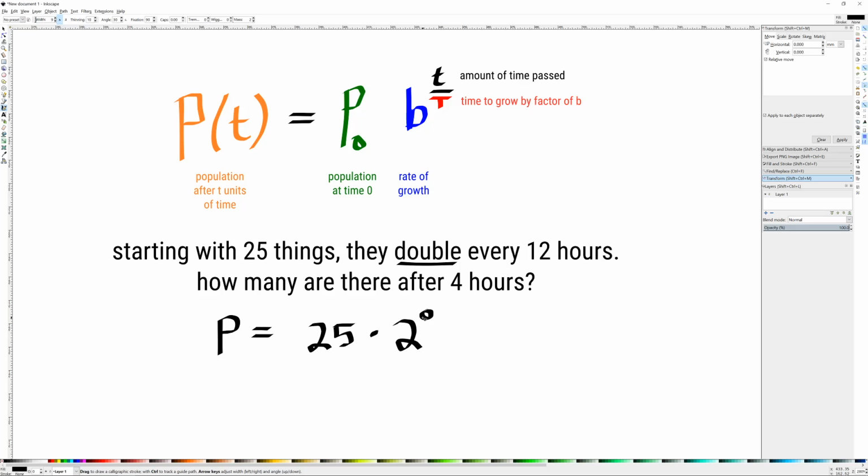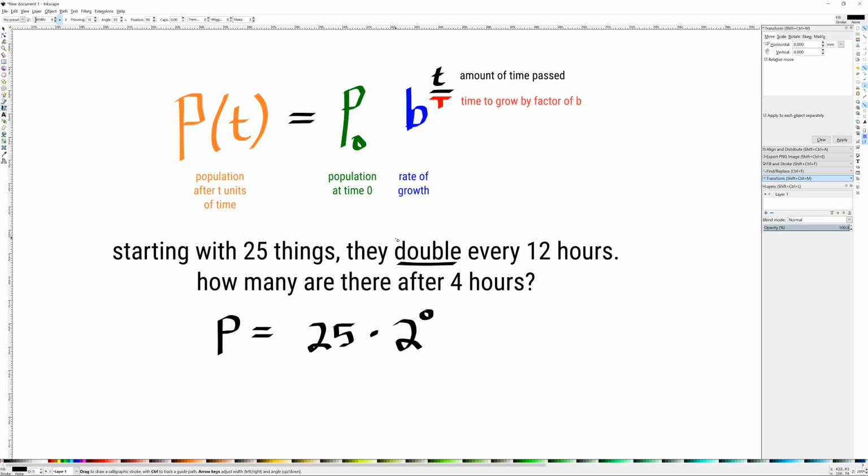If you never double, you're stuck with the starting amount. So anything to the 0 is 1, and you're just multiplying by 1. After no time has passed, you have the starting amount, which is 25.